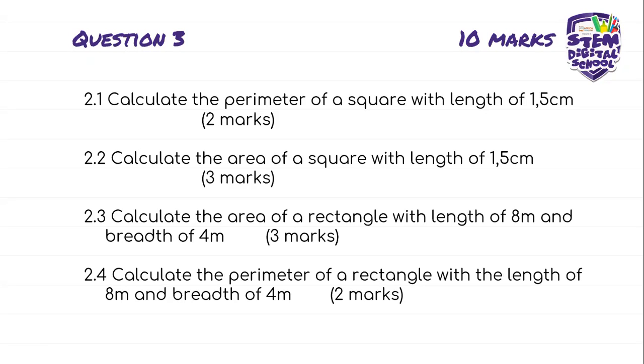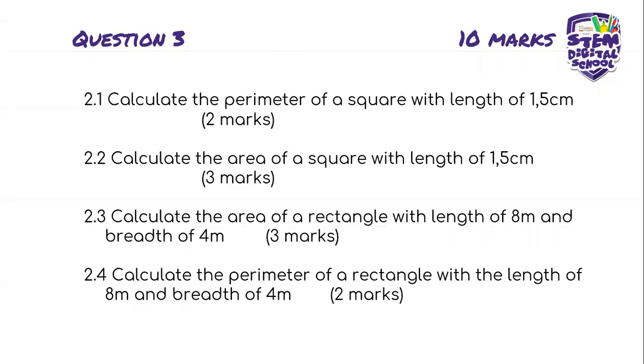But remember that in any given rectangle, you might as well define your perimeter by saying that the perimeter is equal to 2 open bracket L plus B close bracket. L times B simply means the area.